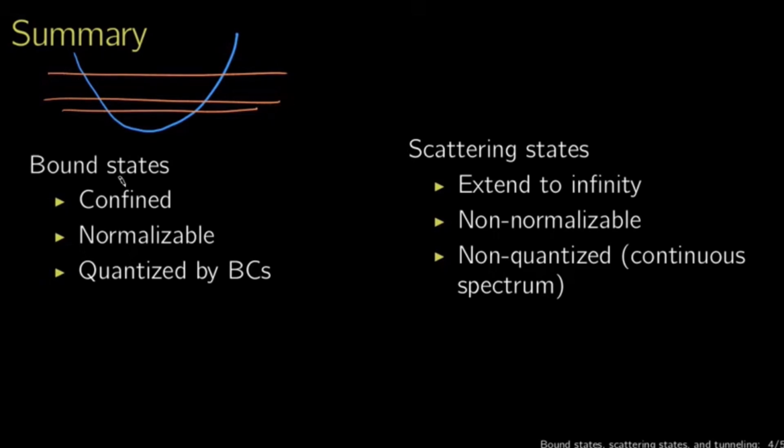So we have confined states, confined wave functions. This is what we mean by saying something is a bound state, that the wave function is confined. Since the wave function is confined, it's normalizable, and the exact number of waves, for instance, that fit in the region that would be classically allowed in the quantum mechanical case is usually quantized by the boundary conditions.